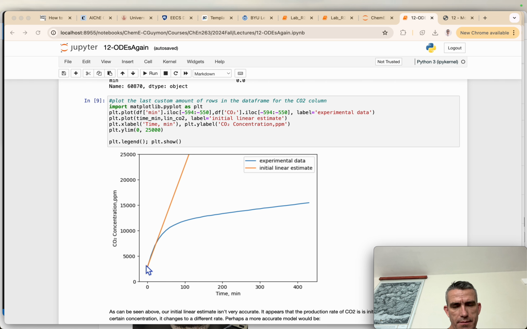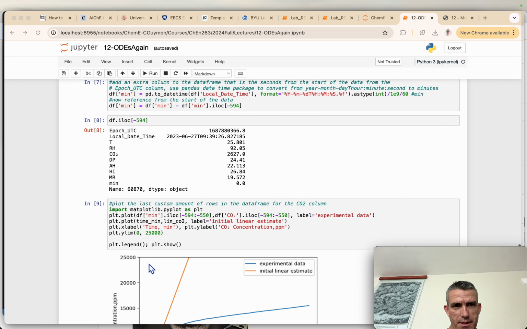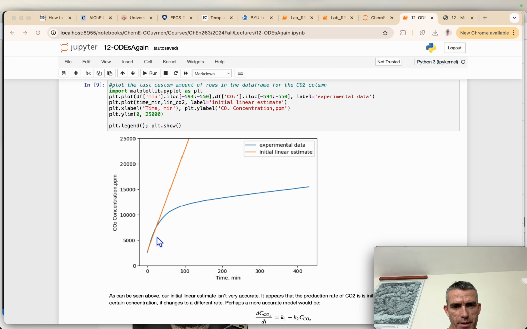So you can see that it initially rises quickly and then kind of tails off or bends as the CO2 concentration increases. My initial estimate, and I just shifted this around to line up here by changing the slope and intercept values, but it's not necessarily linear the entire time.